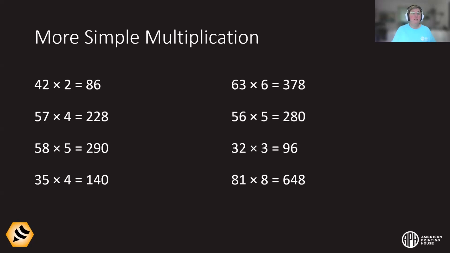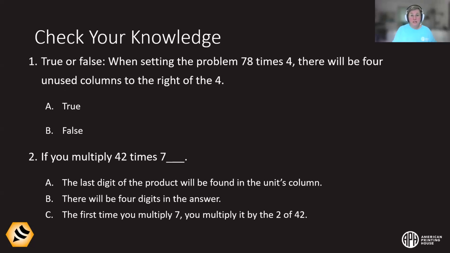Let's look at a few more. There are more simple multiplications. Again, these are the 2-digit times the 1-digit multiplication for you to be able to practice. Let's see if you can answer these 2 problems. Let's see if these are done right with setting a problem with the multiplicand being larger than the multiplier.